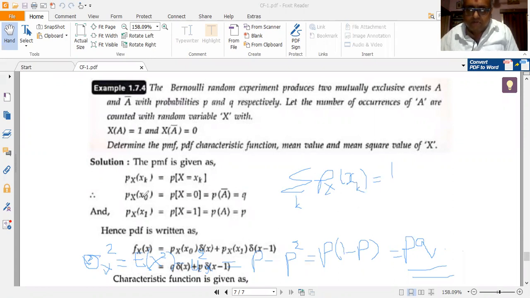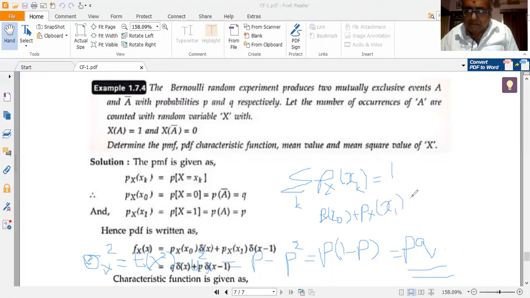Now, Px of x naught plus Px of x1 should be equal to 1, no?